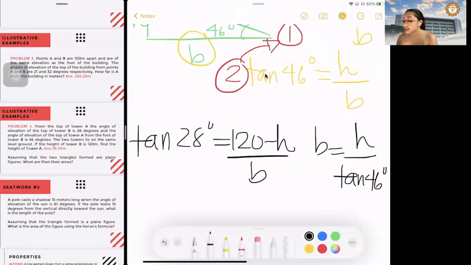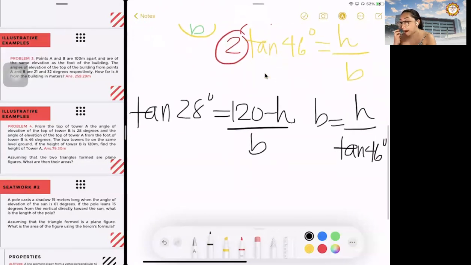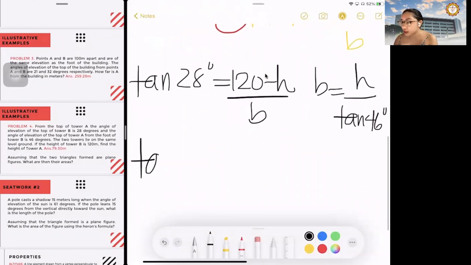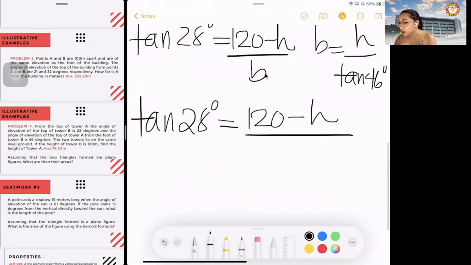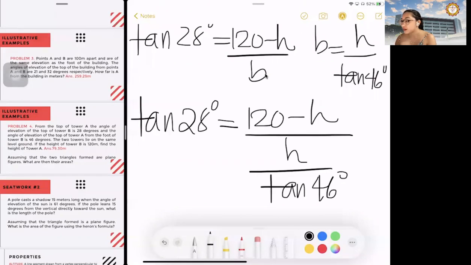So let us substitute it here. So that becomes tangent of 28 is equal to 120 minus h over tangent of 46. Correct? Okay.